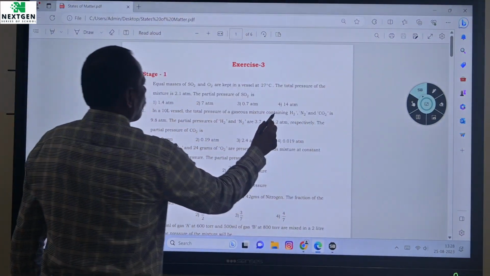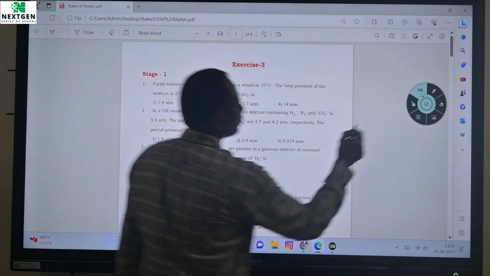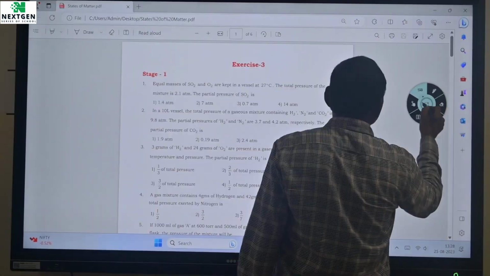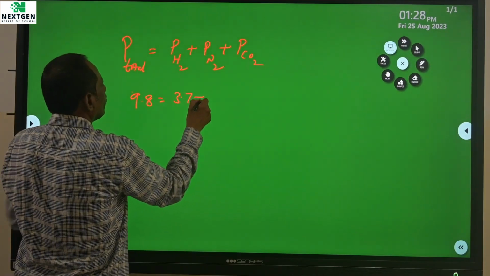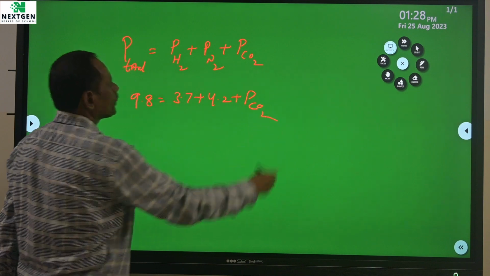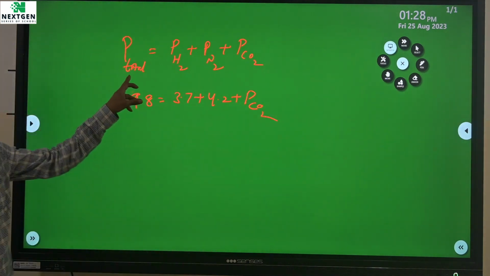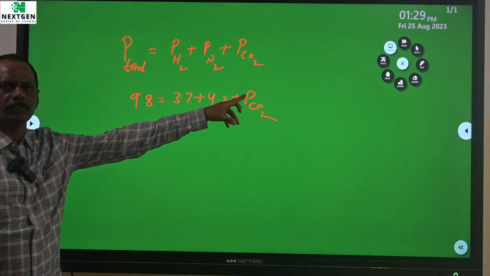It was given that the total pressure of the gas mixture is 9.8, the partial pressure of hydrogen is 3.7 and the partial pressure of nitrogen is 4.2. Calculate the partial pressure of CO2. The total pressure is equal to the partial pressure of the first gas plus the second gas plus the third gas.